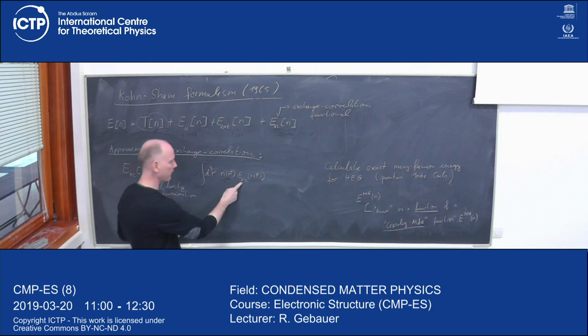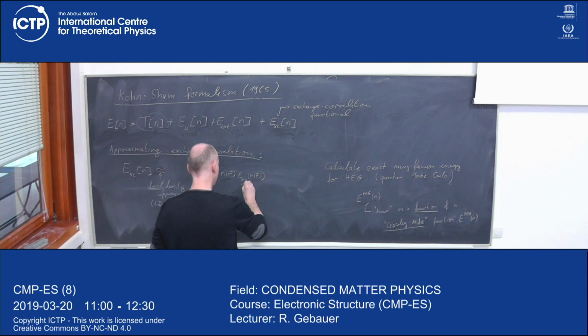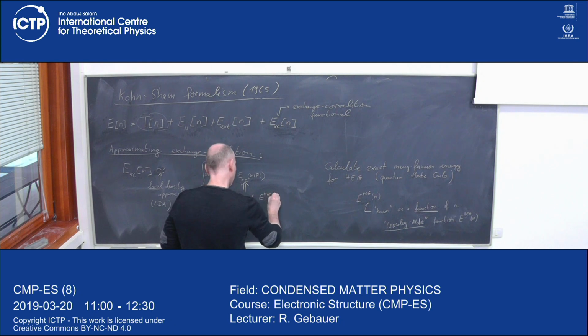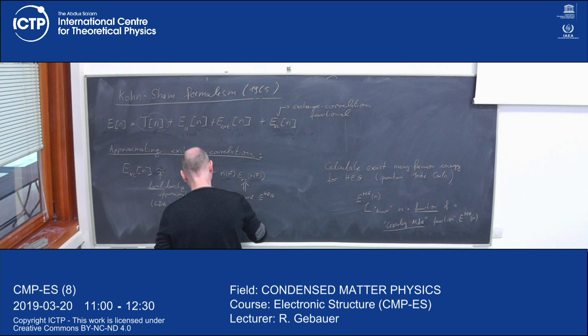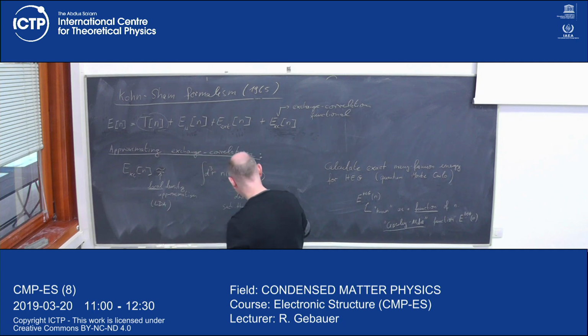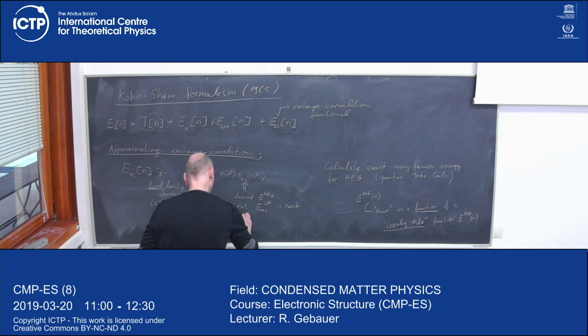So this epsilon exchange correlation is derived from the energy of the homogeneous electron gas, such that the E exchange correlation in the local density approximation is exact in a homogeneous electron gas.